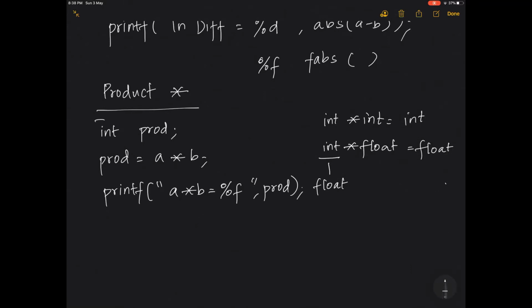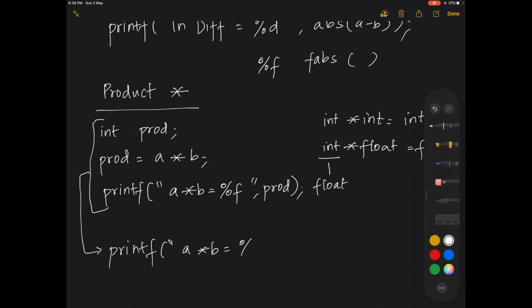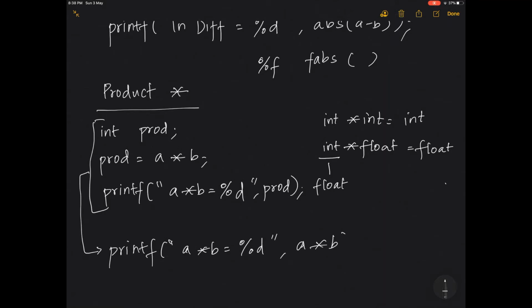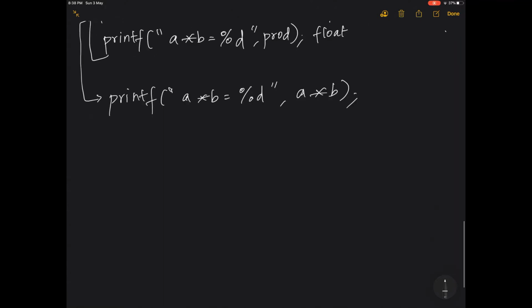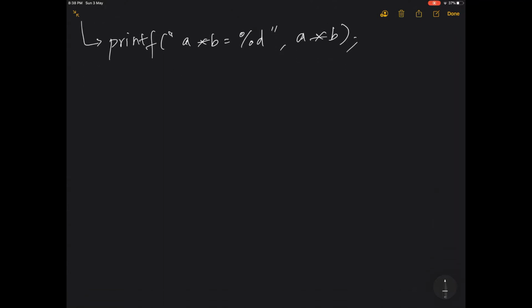Or you can replace all these statements with a single statement, printf a asterisk b is equal to, sorry, it was not percentage f, it's percentage d, my mistake. So you can go with percentage d and print a asterisk b. So this one statement will suffice in place of those four statements. So this is all implicit type conversion, and remainder is modulus.